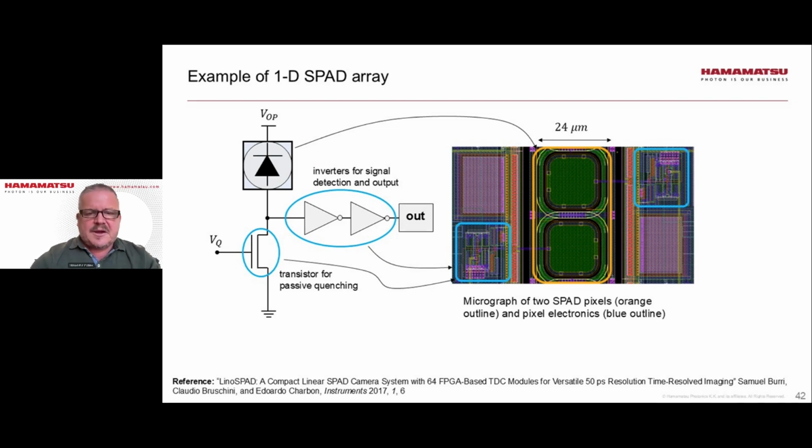And here is a micrograph of a realistic structure. On the right-hand side, you see the two SPAD pixels in orange, and to the side in blue, you see the electronics associated with these pixels. And this particular pixel has a pitch of 24 micrometers.